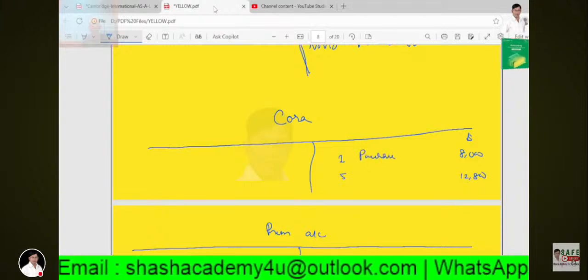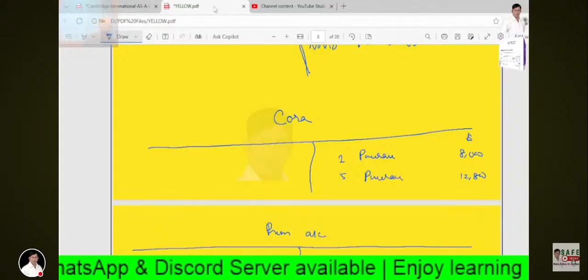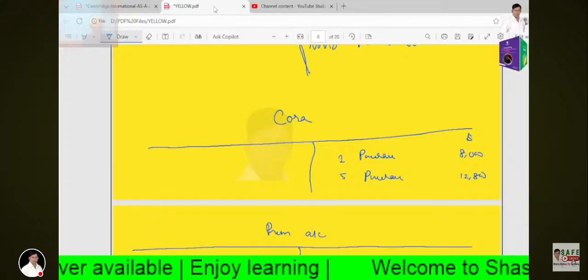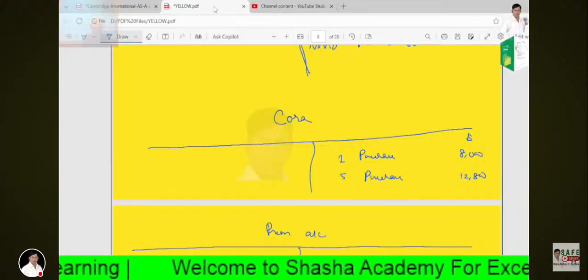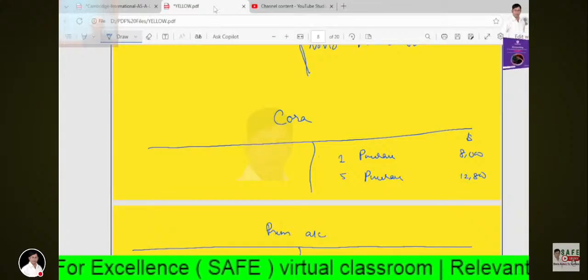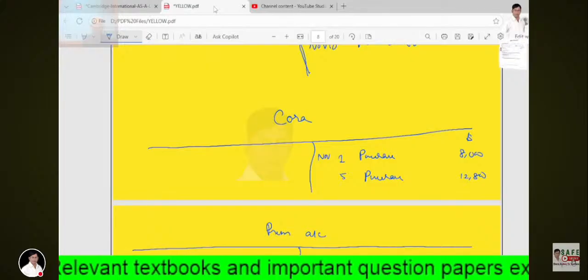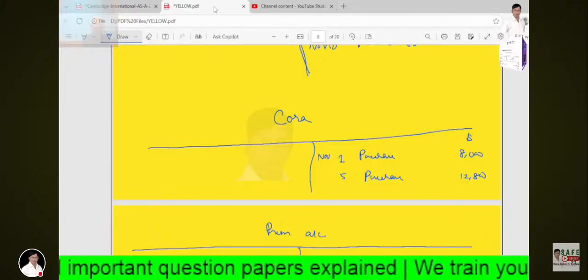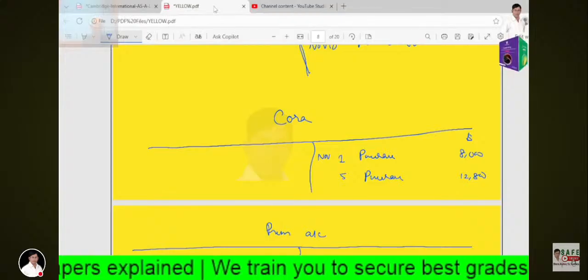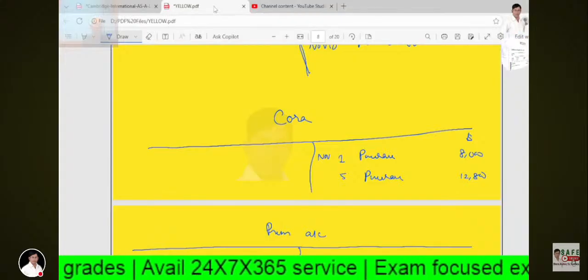So this is purchases. Remember you are writing purchases here, not purchase only. Purchases 8,000. Purchases 4,800. This is because the purchase journal is a journal. So this is the Cora ledger account.